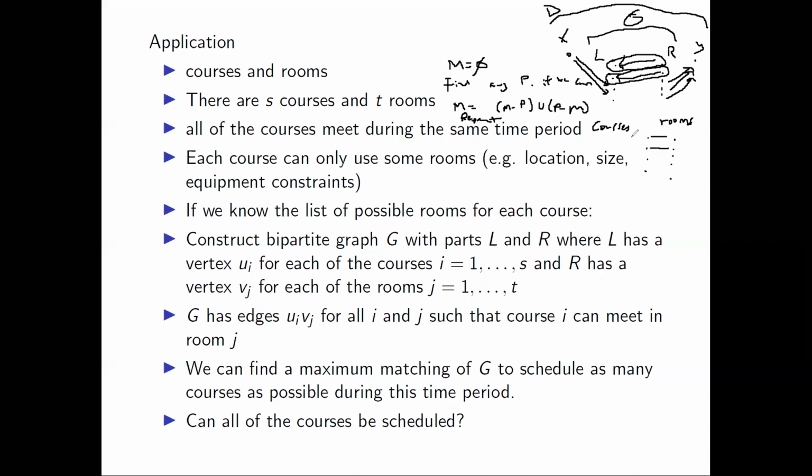We can see that if that represented our classes in the rooms, it would not be possible to schedule all the classes for that graph. And our algorithm would tell us that, because we would look for a shortest path from X to Y in this graph, and we wouldn't be able to find any, because the only edges from X go to this vertex and this vertex, and there are no edges out of those 2 vertices.